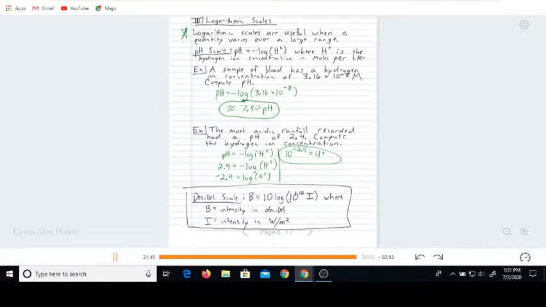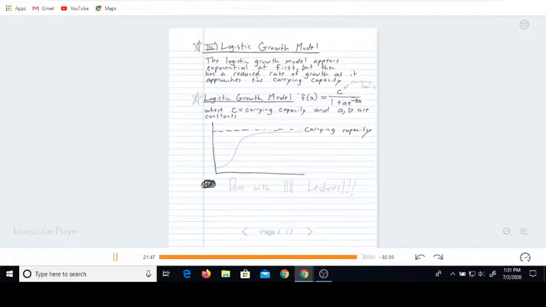All right, last topic here, logistic growth models. The logistic growth model appears exponential at first, but then it's going to start to taper off as it approaches its carrying capacity. So these are very useful in biology.